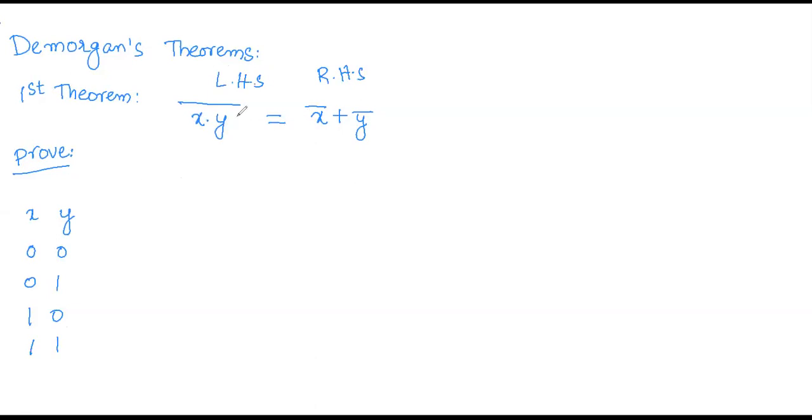For that, I need the terms x bar, y bar, x dot y, x dot y bar, and x bar plus y bar. Now for each combination, write down these values. X is 0, so x complement is 1.